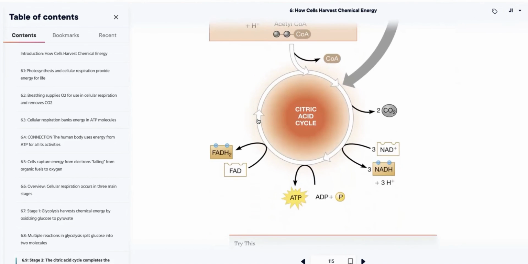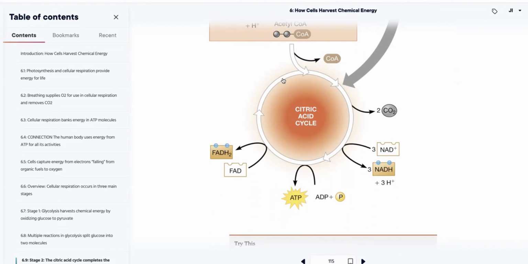When we get to the citric acid cycle, we're making more molecules of NADH and FADH2. These are electron carriers, and we're producing a molecule of ATP. Now the numbers here are a little bit different from what you have in your notes so far, because this is only 1 turn of the citric acid cycle.